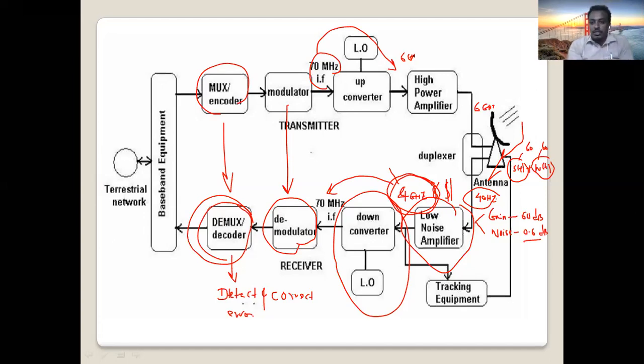But on the opposite, in receiver circuits, it is very difficult to demodulate and decode this 4 gigahertz carrier.